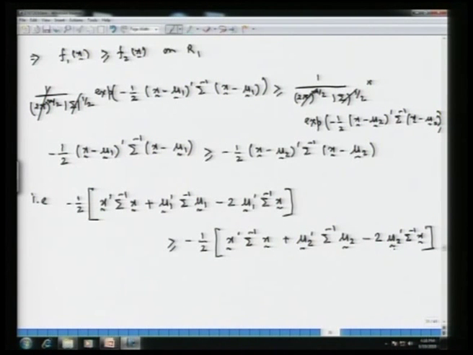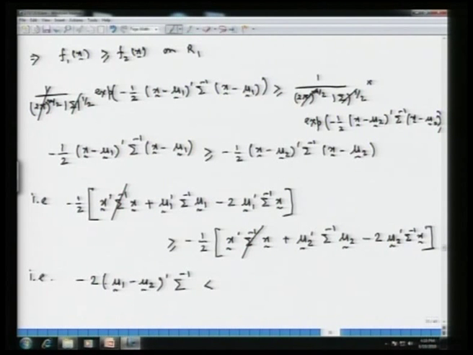So, the terms that cancel out from both the sides are this term along with this particular term. We can write this expression in a compact way as minus 2 (mu1 minus mu2) transpose sigma inverse x, and this is less than, with its sign, because if we take the minus sign out, we change the direction of the inequality.